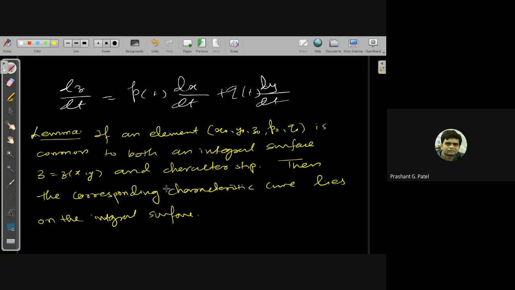We'll not discuss the proof of this. What this statement says is that whatever element is common to both the integral surface as well as the characteristic strip, then the corresponding characteristic curve also lies on the same integral surface.